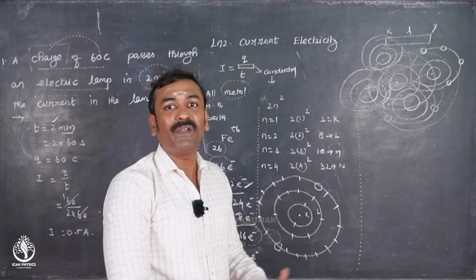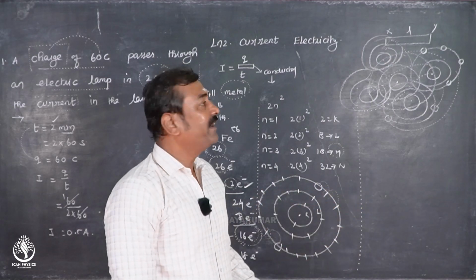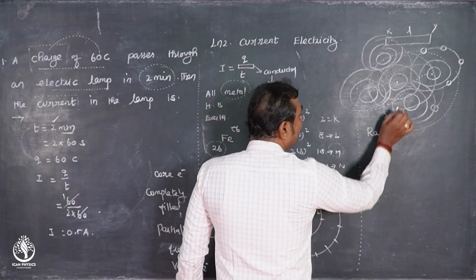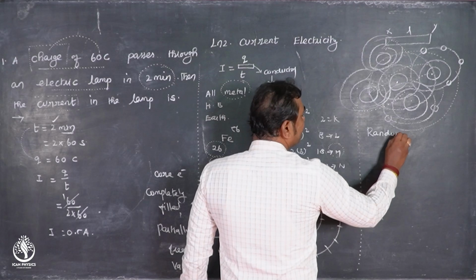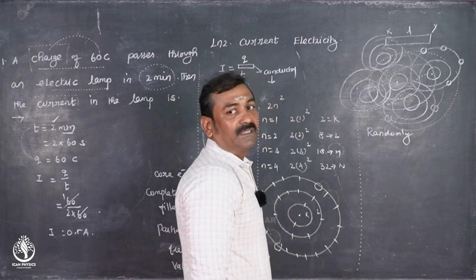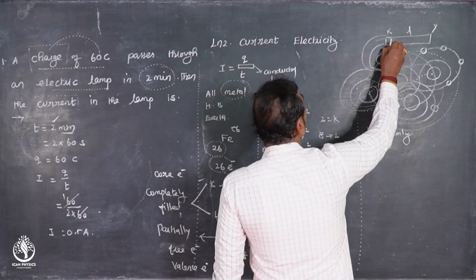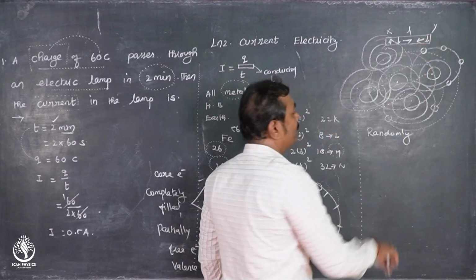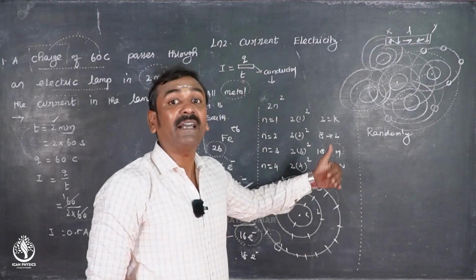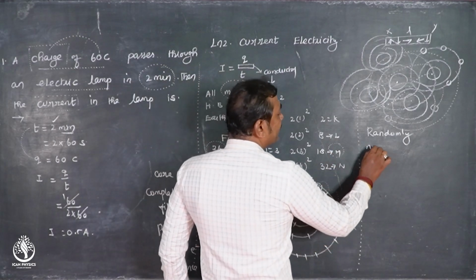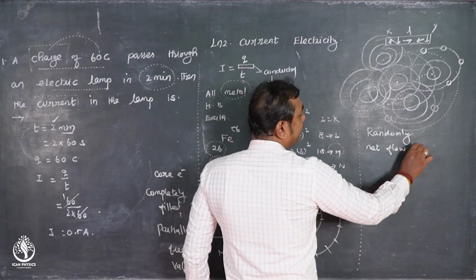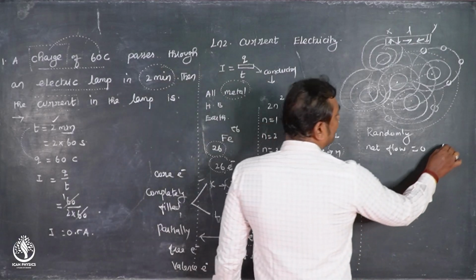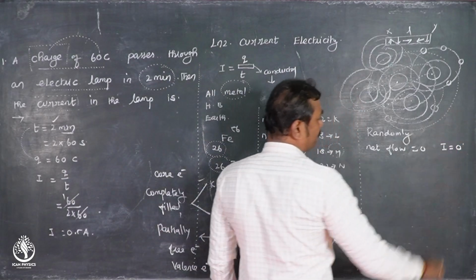The electrons are moving among the atoms, and they are moving randomly: upward, left, right, like that. When the electrons are moving randomly, the net flow is 0. The net flow is 0, so the current is also 0.